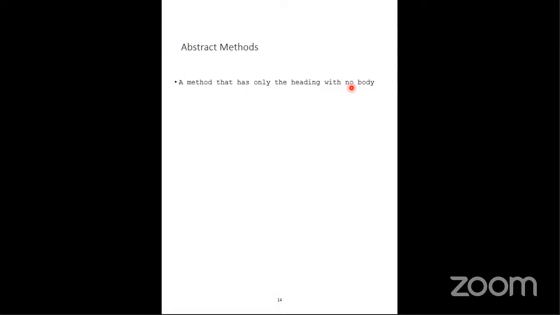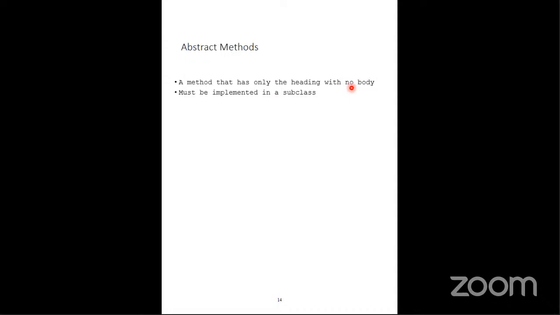So if someone asks you, what is abstract method? Abstract method is a method in a superclass which has no implementation, no body available, but only the signature. Such a method is called abstract method, and it must be implemented in a subclass.